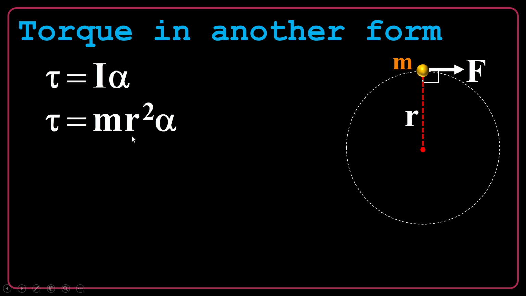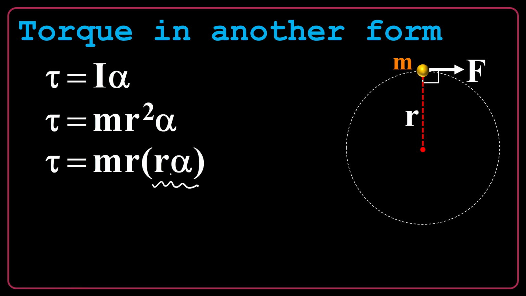Let's break the r squared into r times r. I can write it like that, m r r alpha, okay? And then classify them like this. This is r alpha, and I take mr here. Mathematically it is still the same thing. But here we have a chance of writing r alpha as linear acceleration.